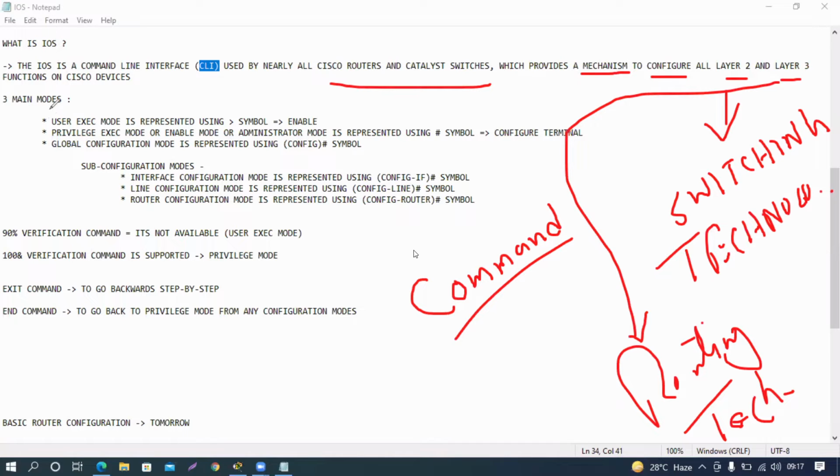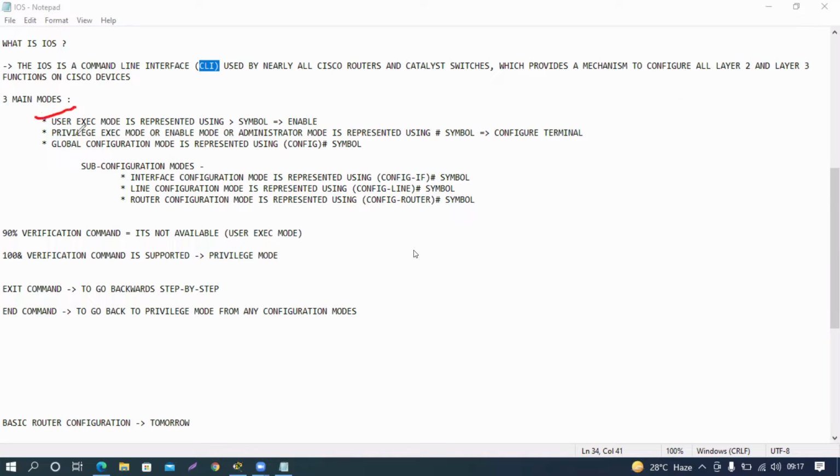Okay, so when we discuss iOS, it is important to discuss the modes of iOS as well, because in these modes you will be doing your configurations. Okay, so the first mode is called user exec mode. The second mode is called privilege exec. The third mode is called global configuration mode.